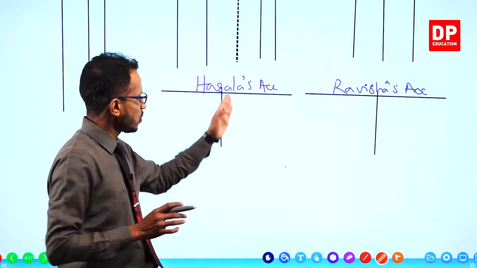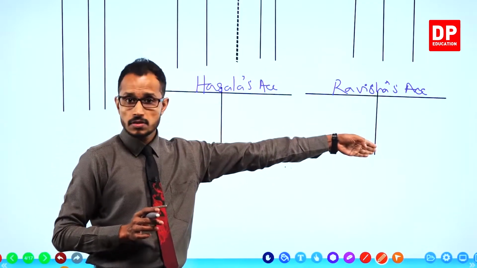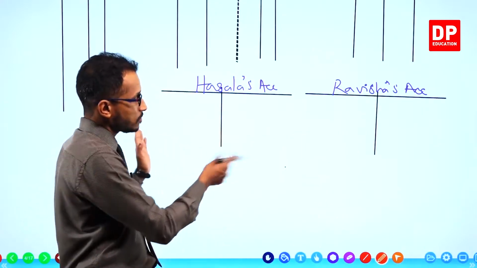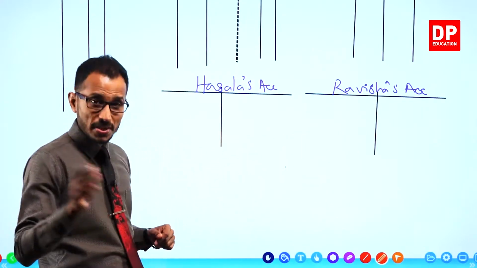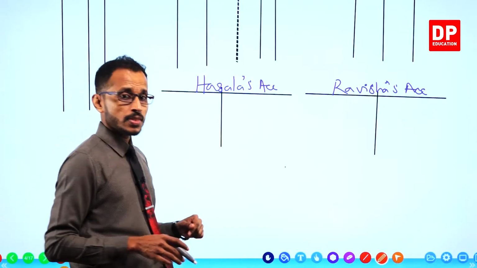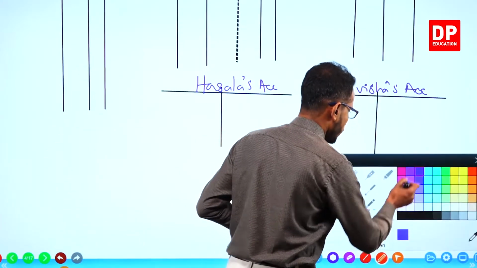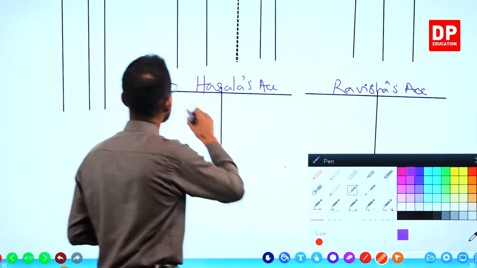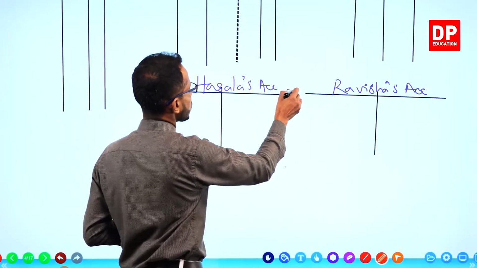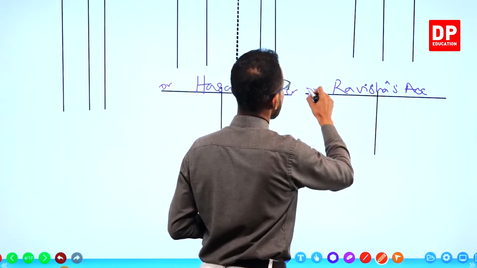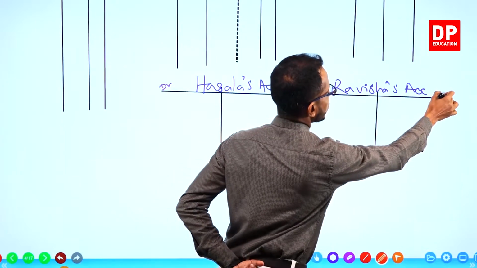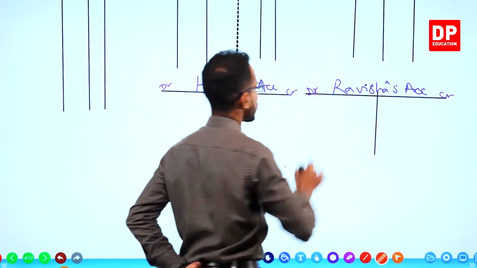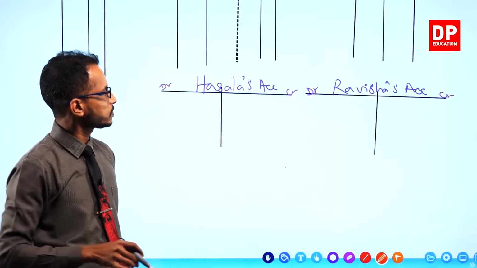You should draw the ledger accounts with columns. Here I'm just drawing the accounts to speed up this activity. Don't forget the debit and credit sides always. Debit, credit, debit, credit.